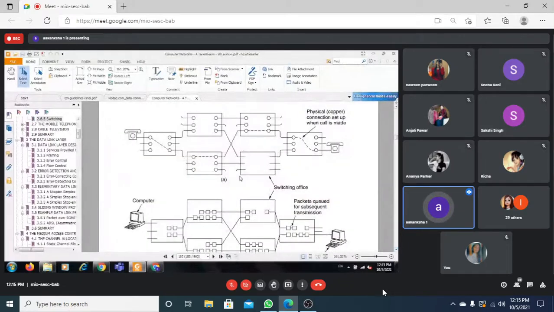Now see this first figure, the topmost figure A. This is the telephone system. Suppose the telephone on the left hand side wants to make a call. You can see the first circle in the first rectangular box is connected with a dashed line to the last circle on the right hand side, the bottom circle, and then it is connected to the first circle in the second rectangle, and then also to the next circle using a dashed line.